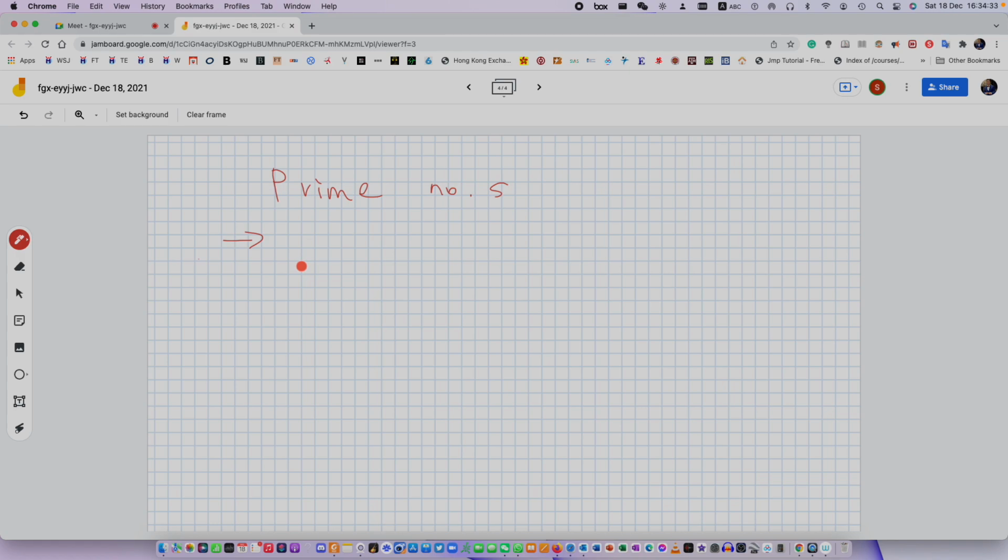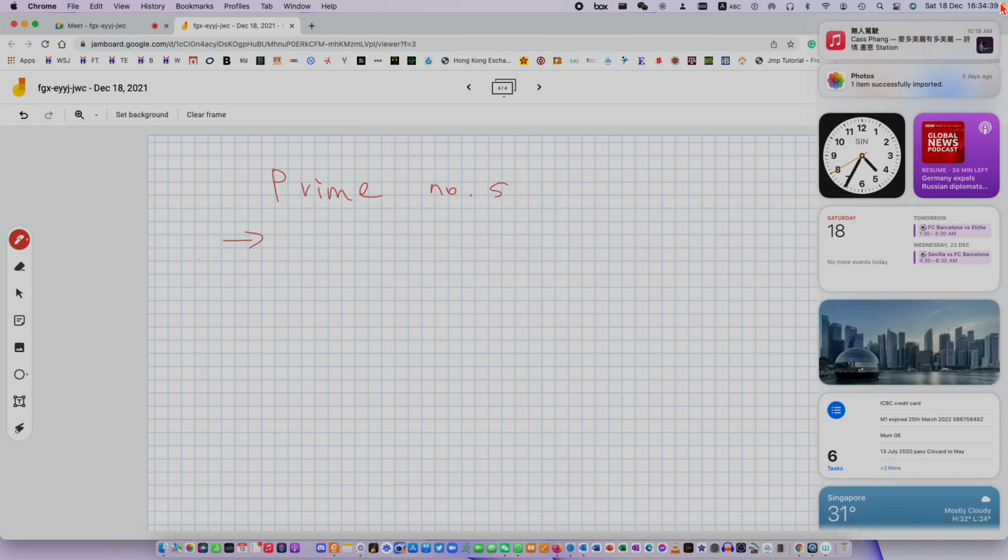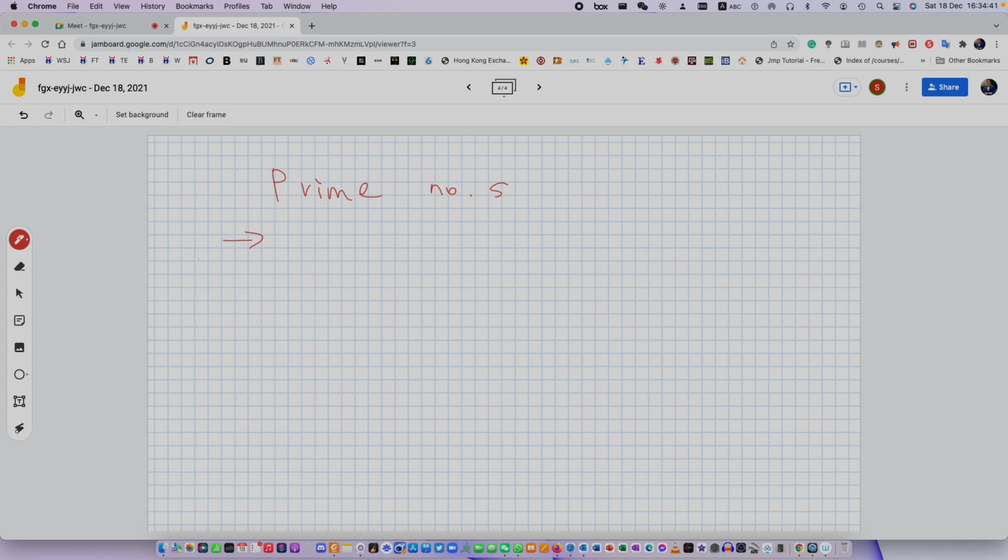It's a number that is only divisible by itself.